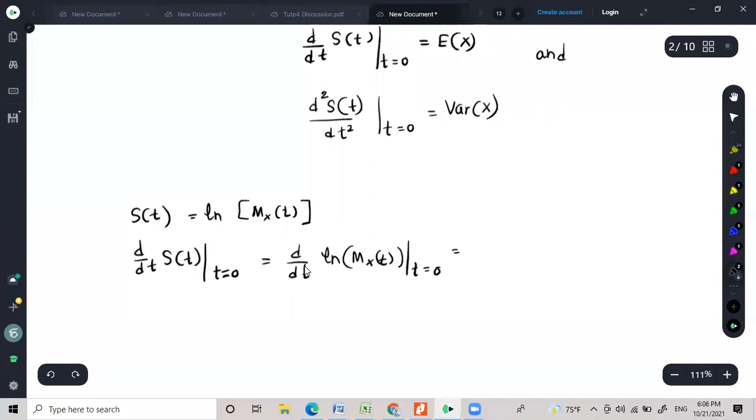Okay, and when you take the first derivative of an ln term, what do you get? When you take the first derivative of ln of a function, say ln of f(x), what do you get?